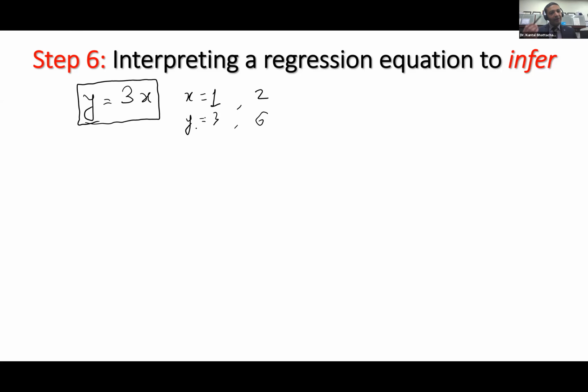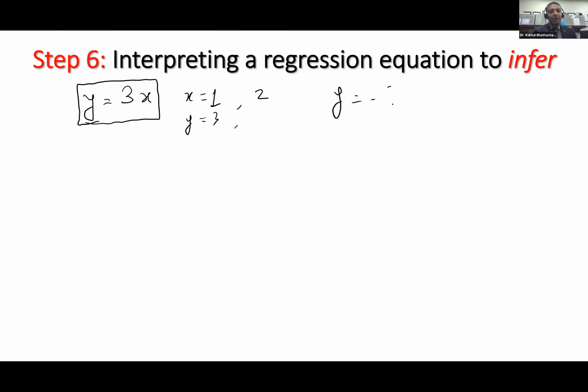That for every unit increase in x, y increases by 3 units. Does everybody get that? That's the simplest form of stating an equation. For every unit increase in x, y increases by 3 units.